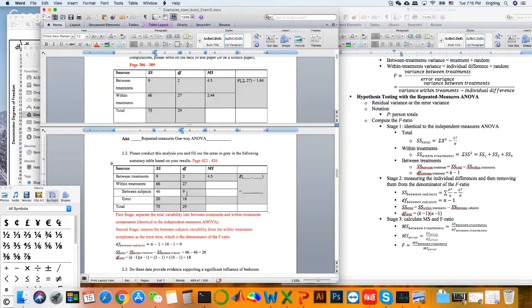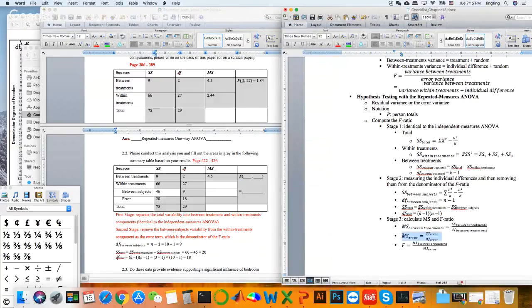And also you can check here, this number minus this DF equals to the DF within treatment. Just to double check, make sure your computation is correct. Don't make the omission error.